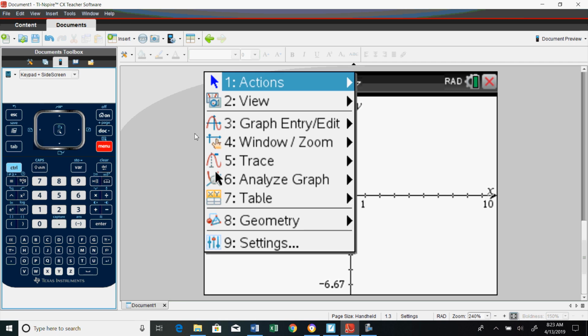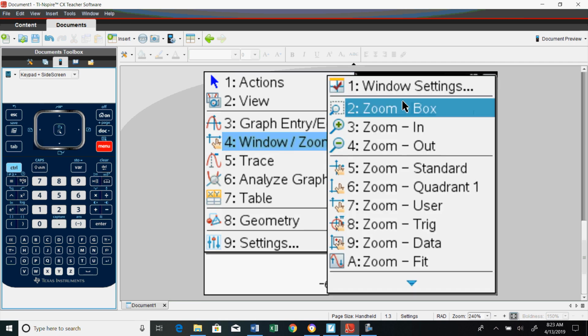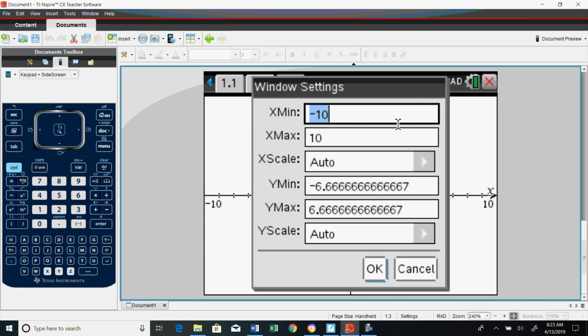So if I go menu, window zoom, window settings, I know that I'm only interested in what's happening from 0 to, I think they said 5,000. So let's have this go to 5,000. Let's say our y minimum is 0, and we just saw that our y maximum is going to be 16, right?